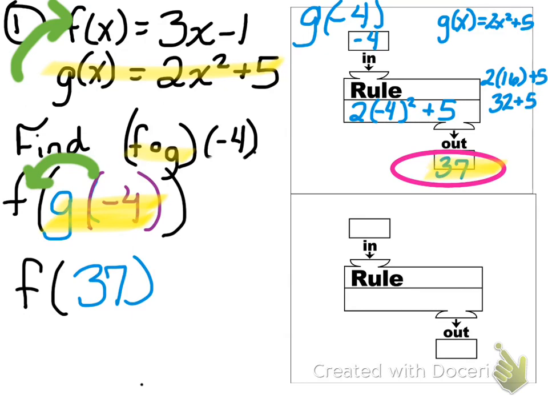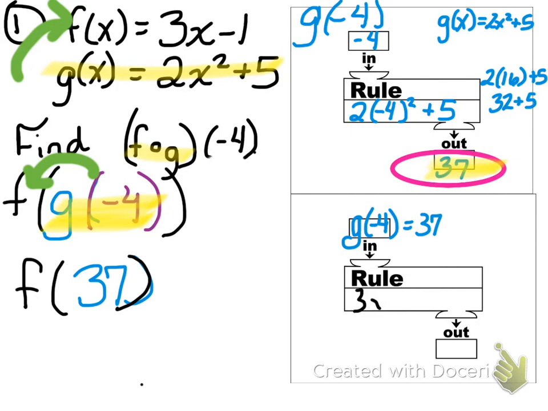So what we're plugging into f is that g of -4, which we found to be 37. That is going into the f function that was given to us as 3x minus 1.